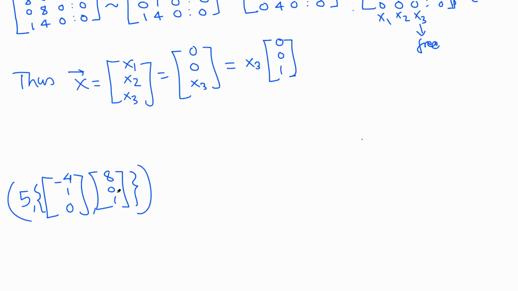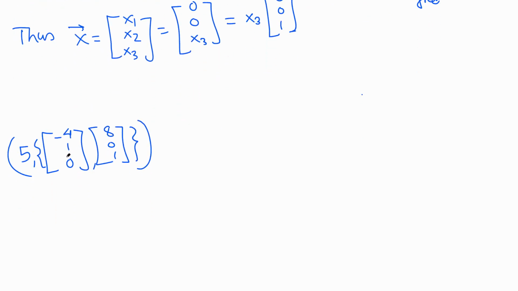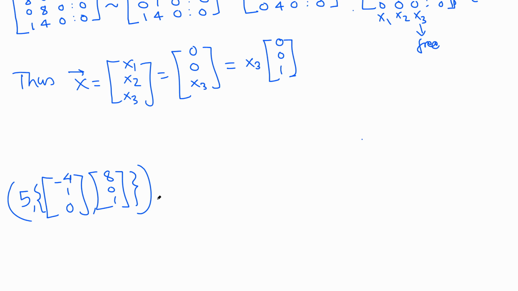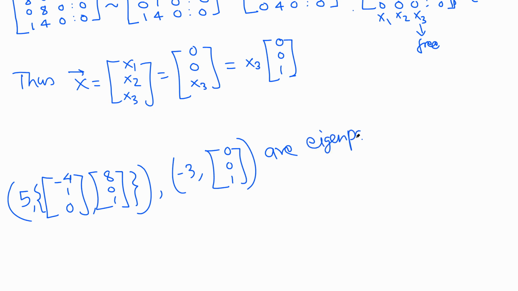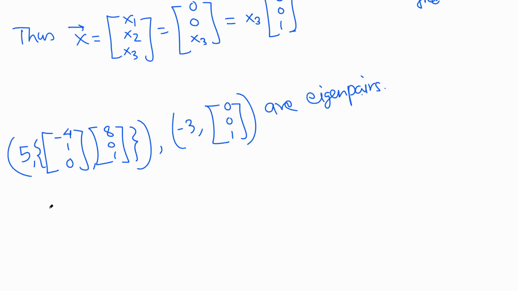So last time for 5, we got 2 eigenvectors, and I just found for -3 I got (0, 0, 1) as the eigenvector. These are eigenpairs, so we can say it this way. Thus D, the diagonal matrix, is just the eigenvalues.